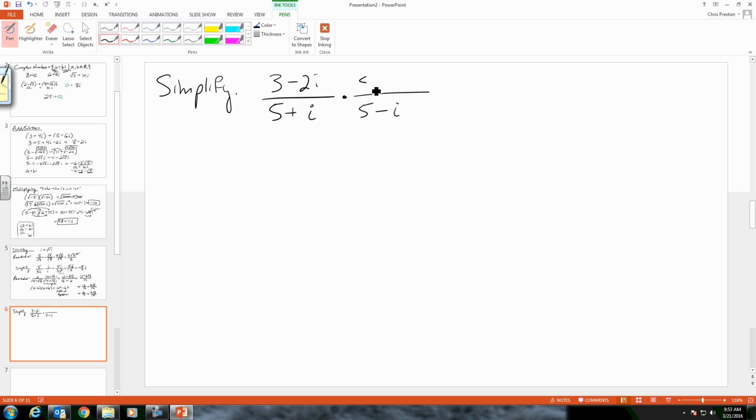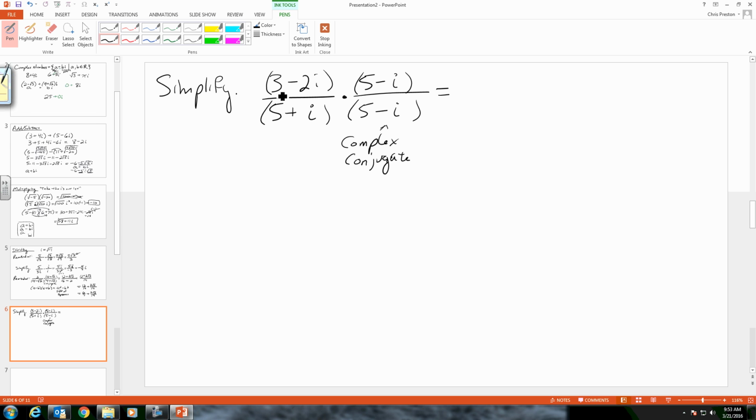It's all about rationalizing the bottom, making the bottom come out to be a nice number. So again, it's the difference of squares that we're setting up here. Whenever you just change the sign of the imaginary part, you call that the complex conjugate, because we're dealing with complex numbers, right? So complex conjugate.